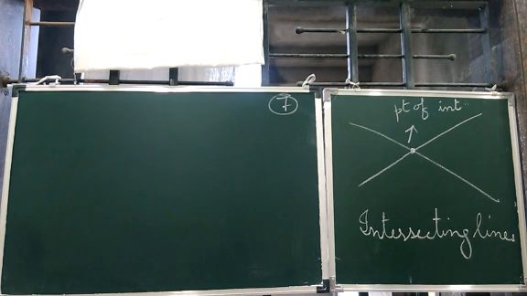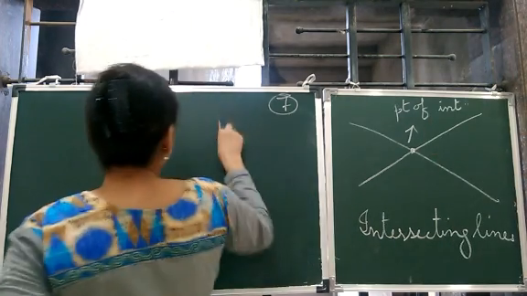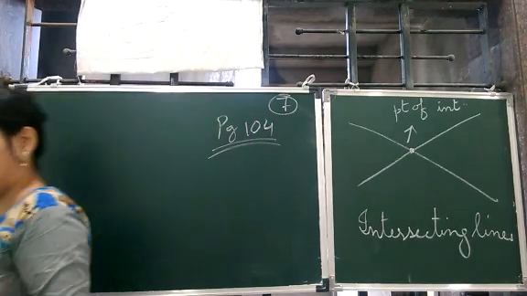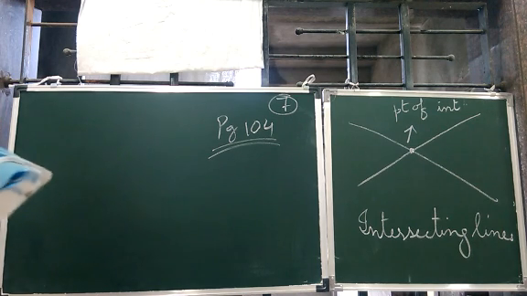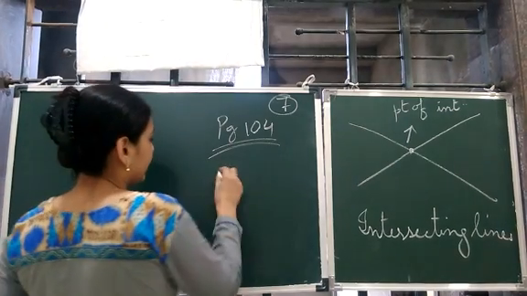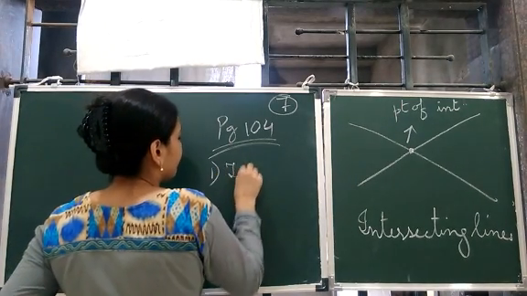Now there is a treatise regarding this. On page 104, we are going to discuss it because it's a kind of example. Find examples from your surroundings where lines intersect at right angles. You can take the example of a tabletop.